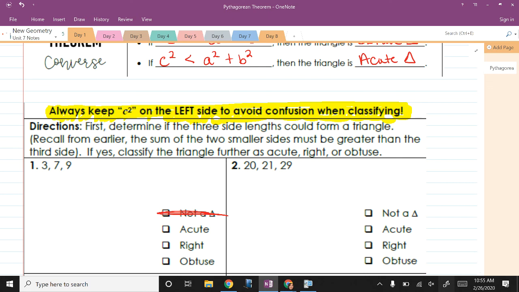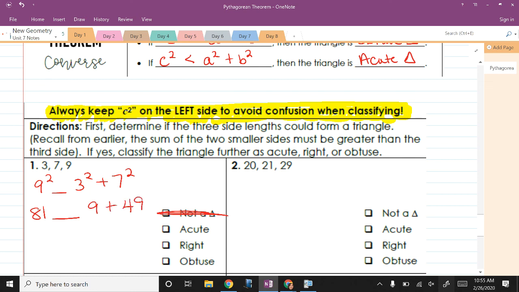Now we have to check for what kind of triangle it is. So what is the largest side? 9. So I'm going to say 9 squared, and I'm going to put a blank there because I don't know what symbol goes there. 3 squared plus 7 squared. So what's 9 squared? 81. What's 3 squared? 9. Plus 7 squared, 49.